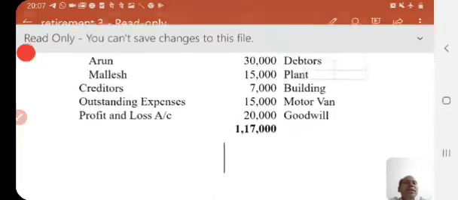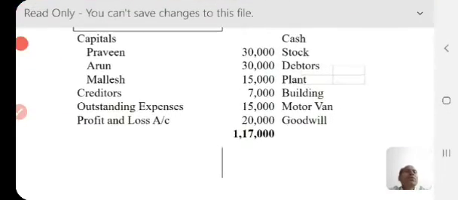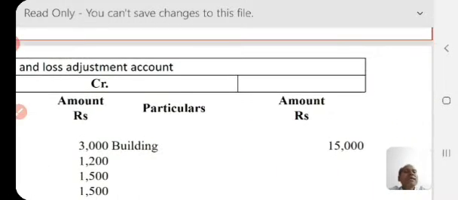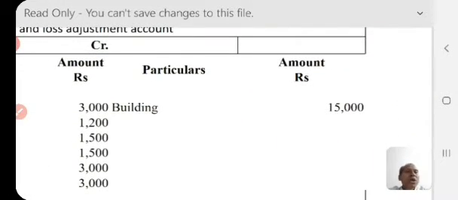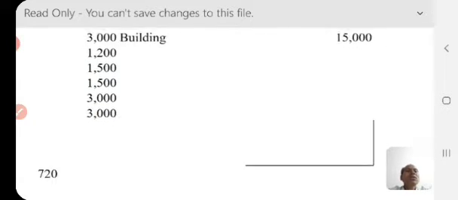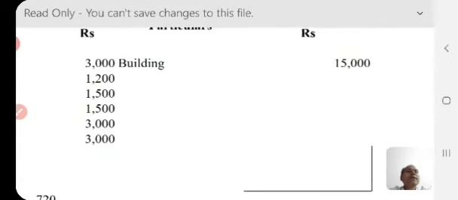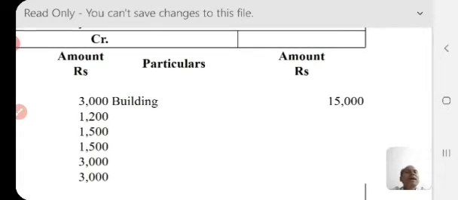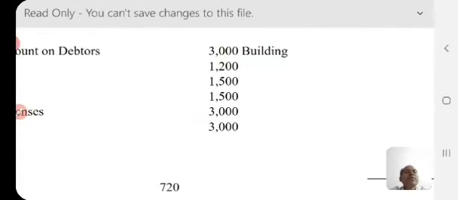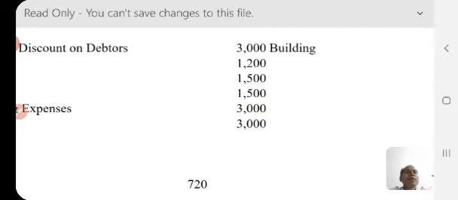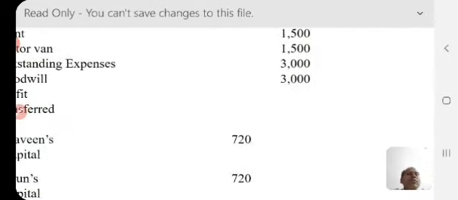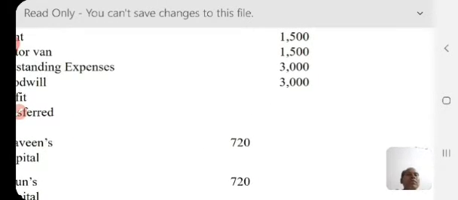So building is increased, appreciated by 15,000. So 15,000 is written at the credit side, and at the debit side some of the items are recorded. See carefully.